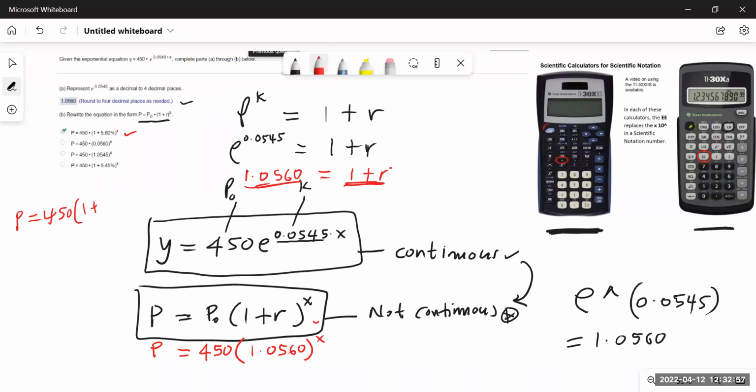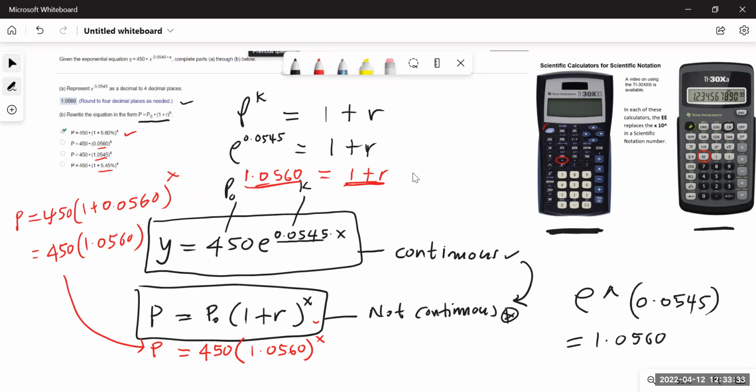If you want to change 5.6% to a decimal, that was 0.0560. Okay, and that is your X. If you simplify that, you have 1.0560, which is the same as this guy right there. So that is why we are saying that A is the right answer. Now, if you look at any of all the other options, that is not right. That's not right, and that is not right, right? So your answer should be option A.